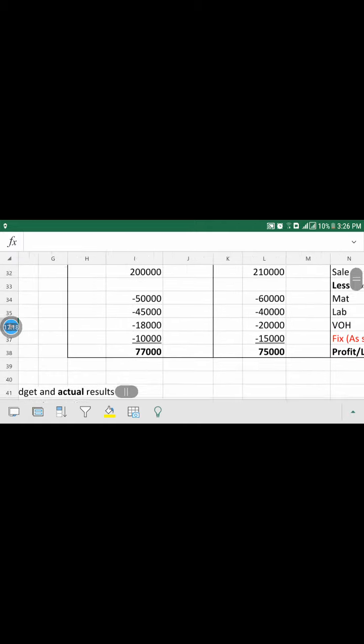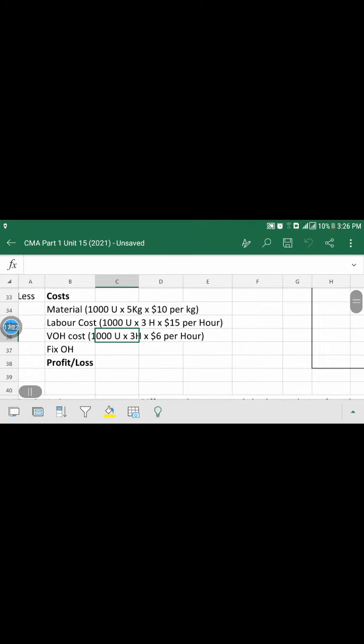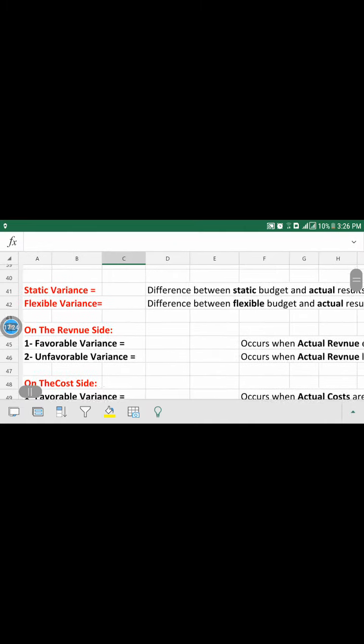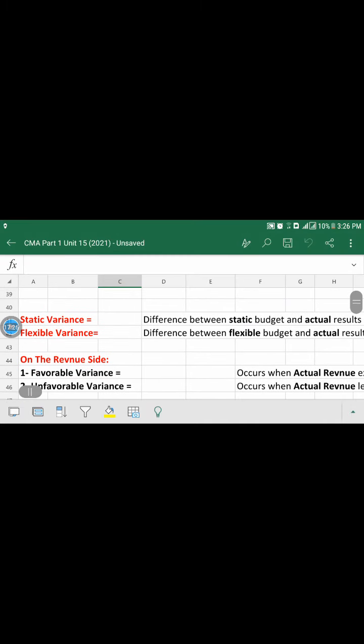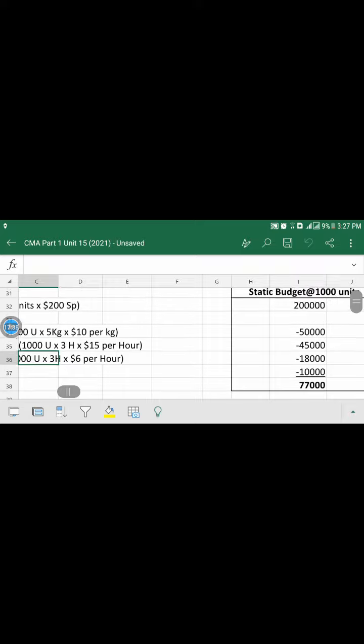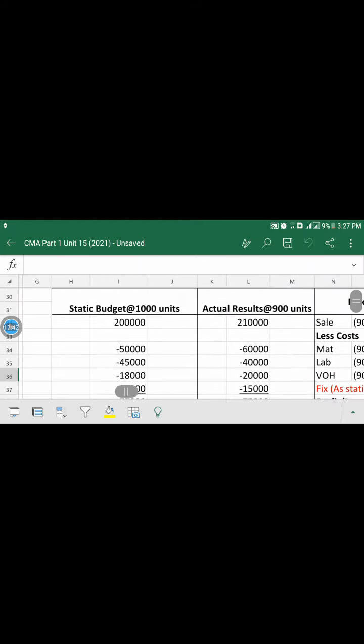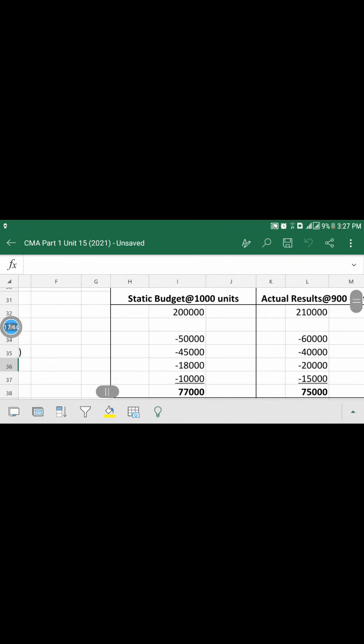Here, further down, we have another statement on the revenue side. On the revenue side, a favorable variance occurs when actual revenue exceeds budgeted revenue.